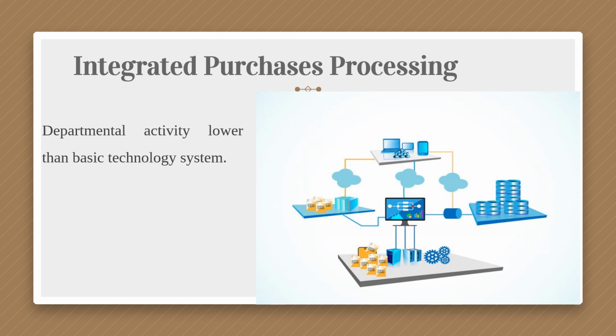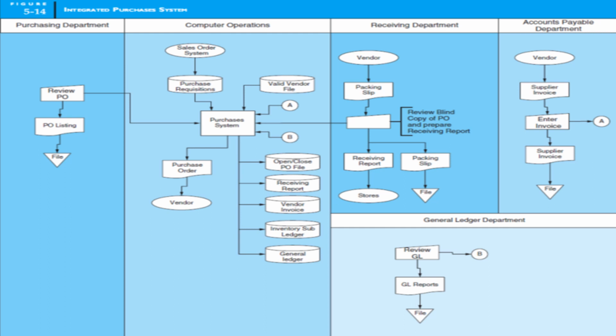So let's see how that happens. You can see here the integrated purchase system, with fewer hard copy documents, more automated processing, and more computer-based database filing.